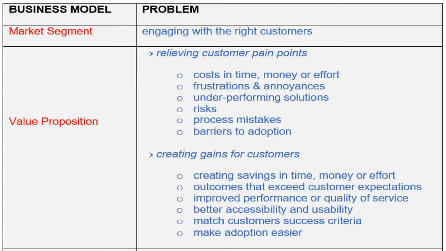Creating gains for customers: creating savings in time, money or effort, outcomes that exceed customer expectation, improved performance or quality of service, better accessibility and usability, matching customer success data, making adoption easier.